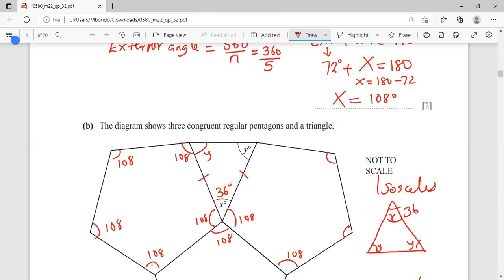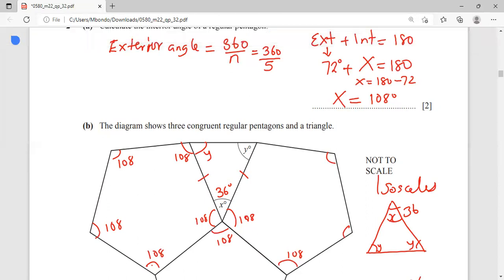When we subtract this angle from 180, what are we going to get? 180 minus 36, we're going to get 144.